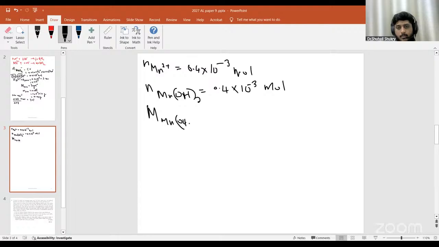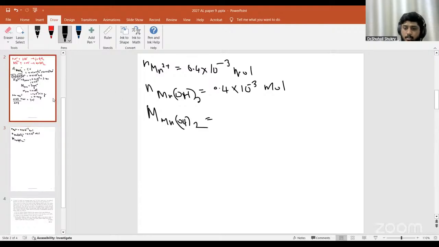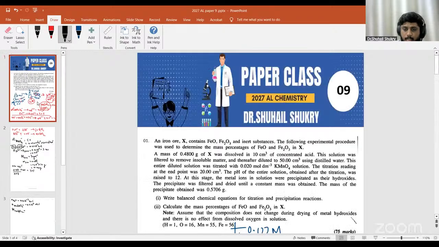So they have given manganese is how much? They have given 55. Manganese is 55. Then two OH means oxygen and hydrogen together 17, so 2 times 17. What is the molar mass of manganese hydroxide?